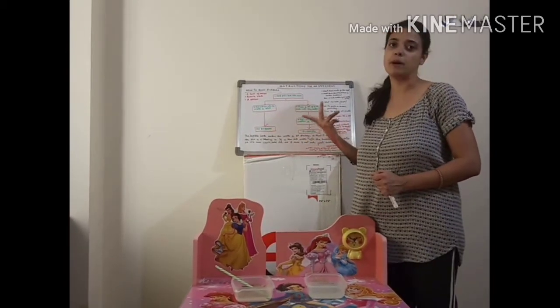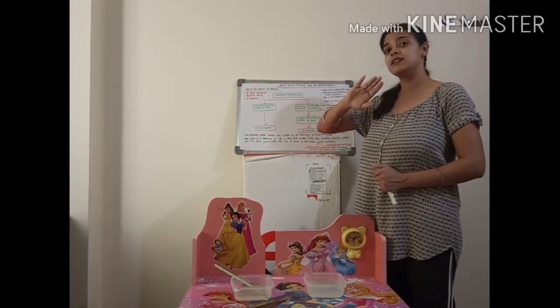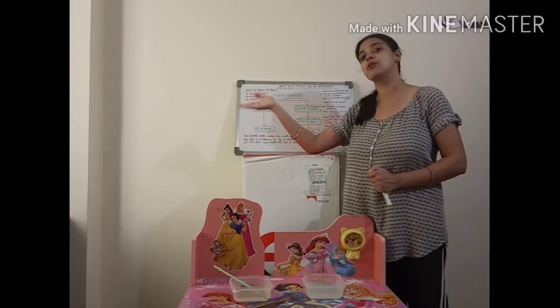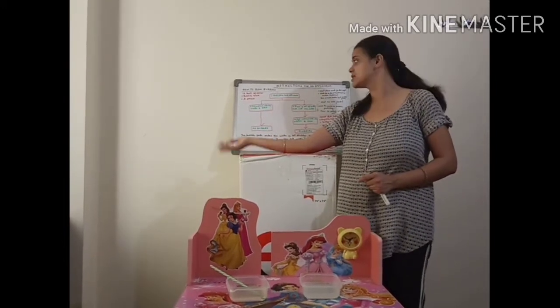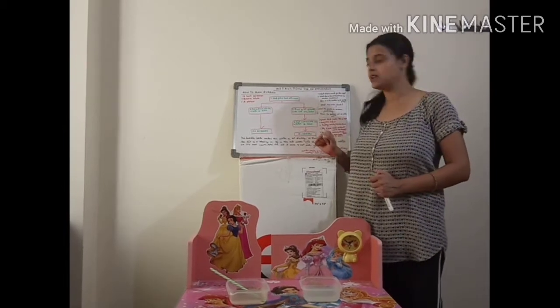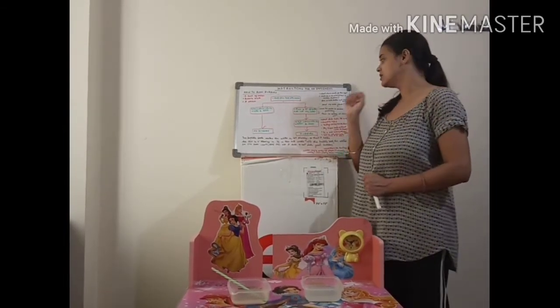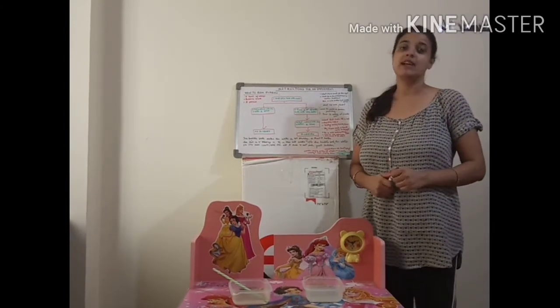Next, no bubbles. No permanent bubbles will be there. Now let's come to the second way of doing the experiment. Pour a little bit of bubble bath into the water, then put a straw into the water and blow, then you will get bubbles.